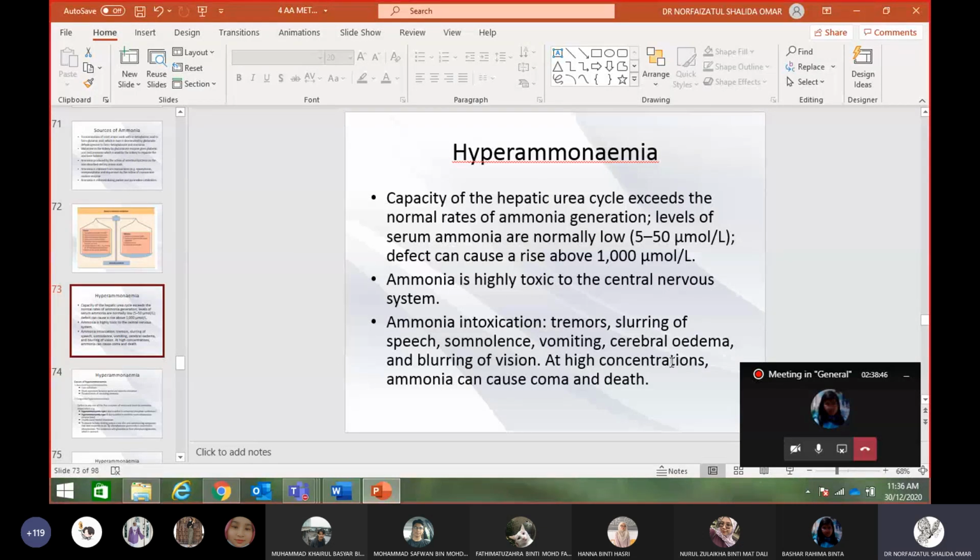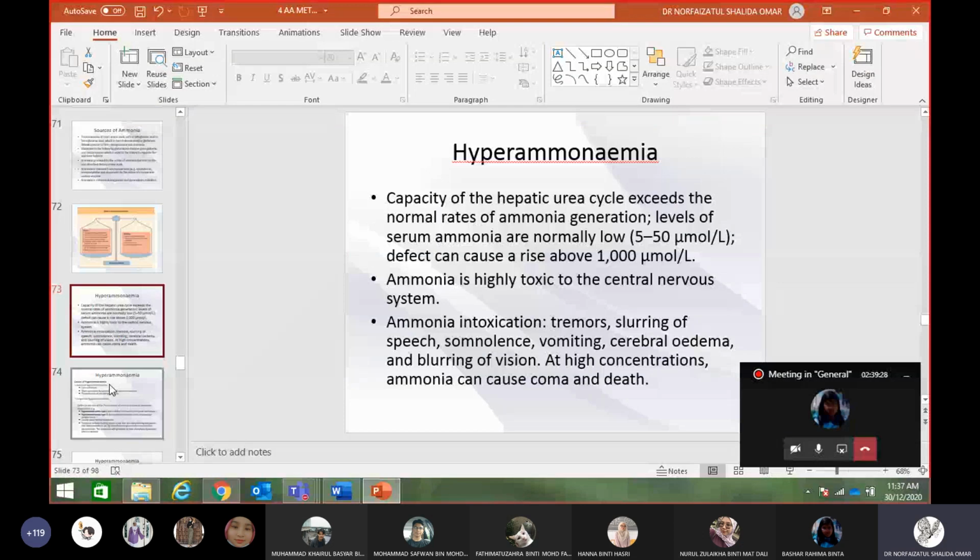Increase of urea can cause almost the same, but because urea is a waste product, you will have skin itchiness, as urea deposits on the skin. So it is a bit different, but still high. If there's a very high level of urea, it can cause vomiting.